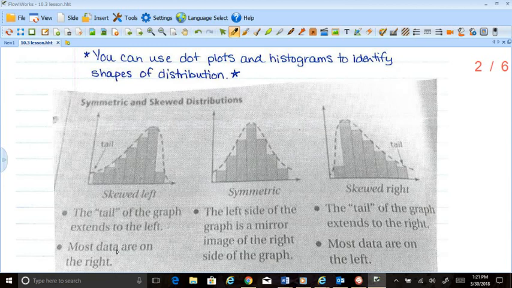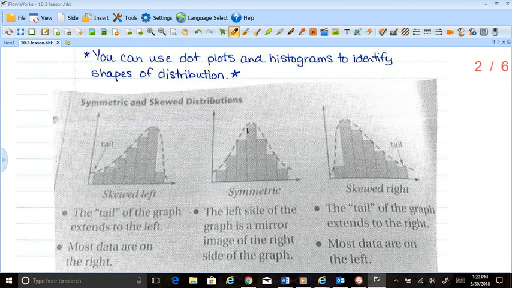This also means that most of the data are on the right, where the highest points are. That makes the tail go down, stretched out to the left. So if you have a shape of distribution that's skewed left, most of the data is actually on the right.